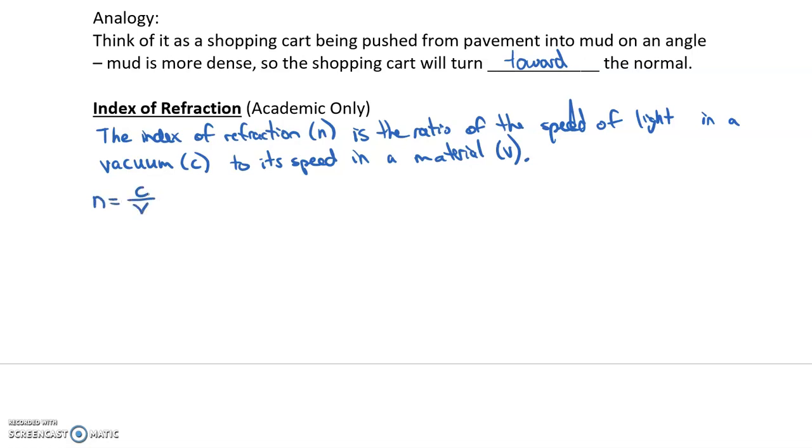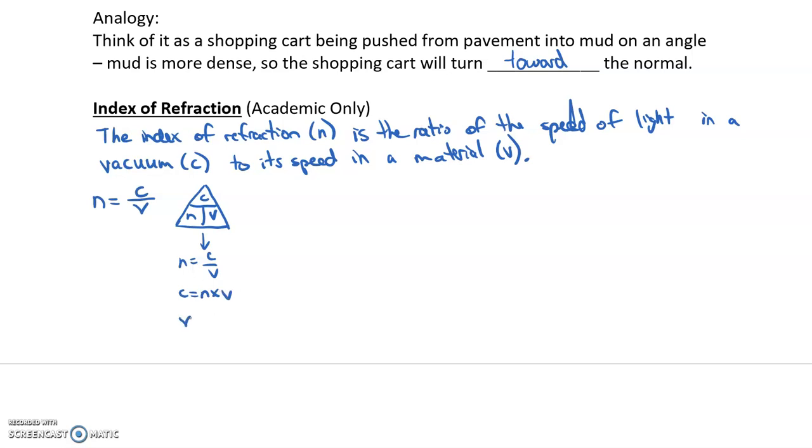So it's the speed of light in a vacuum divided by whatever the speed in the material that we're dealing with is. And now, if I was to ask you to find any one of those variables, knowing the other two, they relate in this way. n is equal to c over v. If we were solving for c, we would get n times v because they're beside each other.